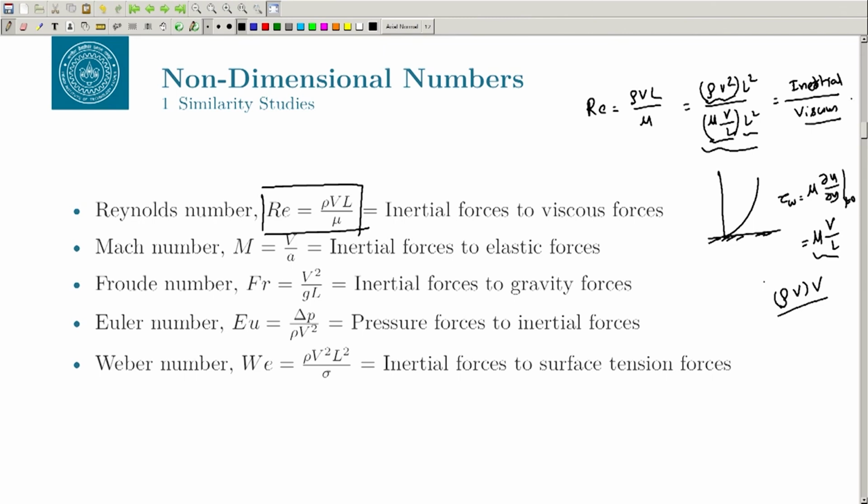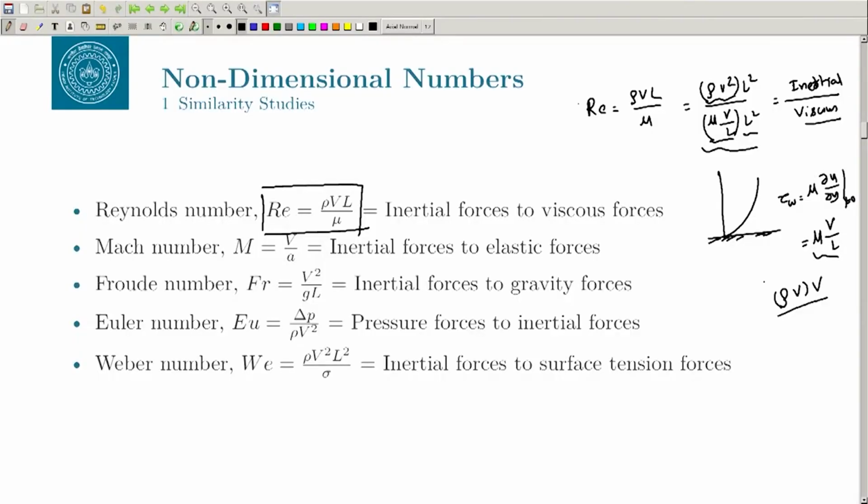If the Reynolds number is very, very low, that means your viscous force is dominating. The inertial forces are not strong enough to make the flow overcome that viscous nature.